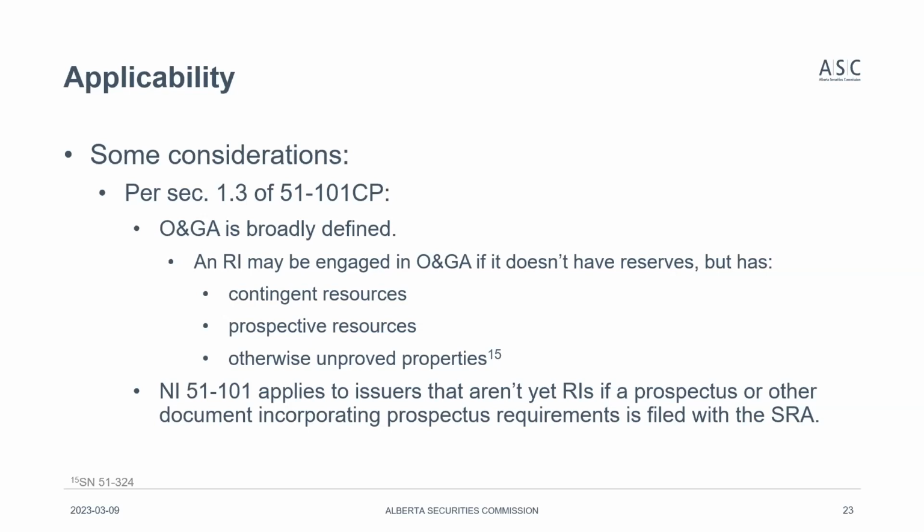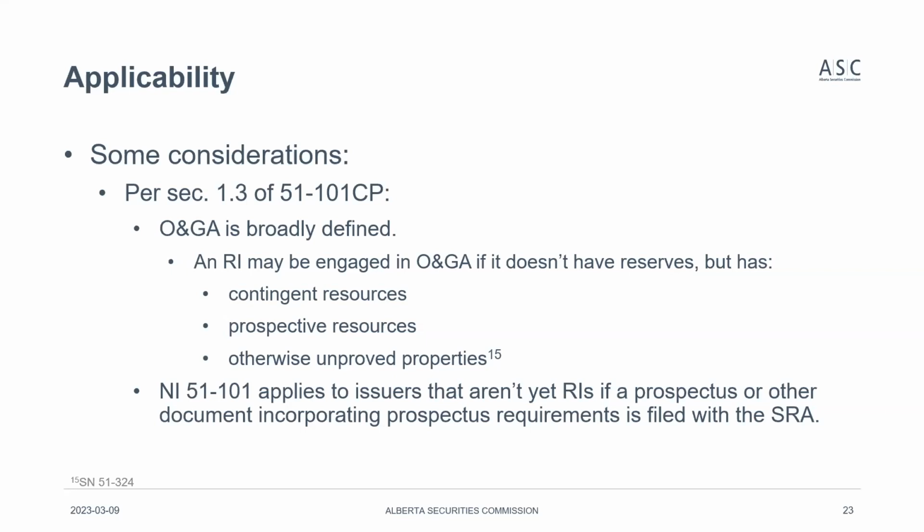If you're looking for hydrocarbons, or thinking about acquiring a property to look for hydrocarbons, or actually in the process of reviewing assets for purchase, we would consider you to be engaged in oil and gas activities.